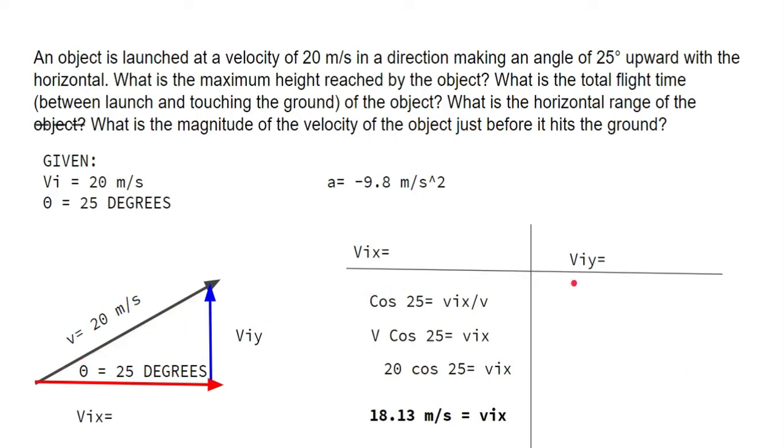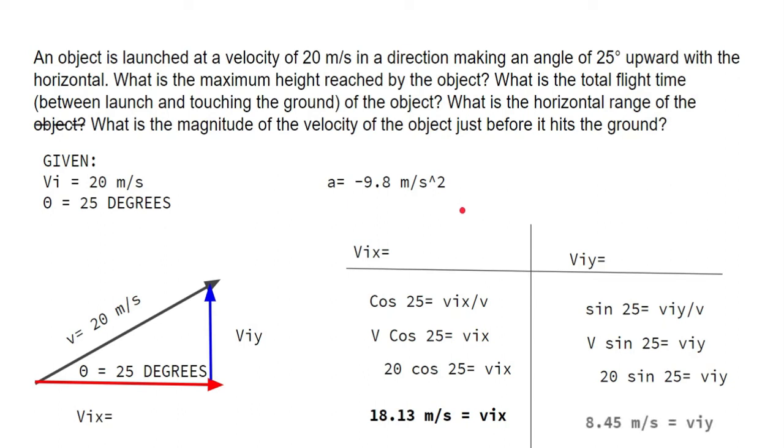So here we have sine 25 degrees equals vertical over the velocity. Now cross multiplying, we have velocity times sine 25 equals the vertical. Substituting the values, we have 20 sine 25. We arrive at the answer of 8.45 meters per second.